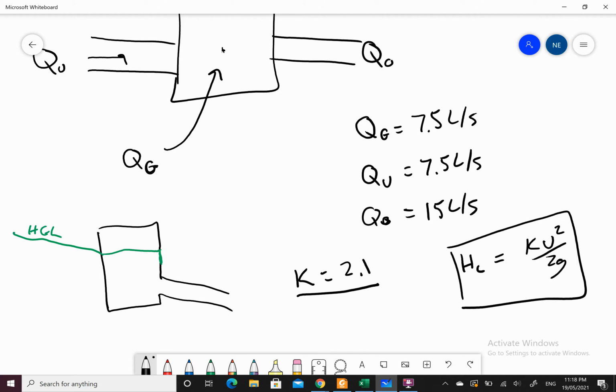This number here is the equivalent level drop here. Then my hydraulic grade line will continue through. So that's how we use these charts.